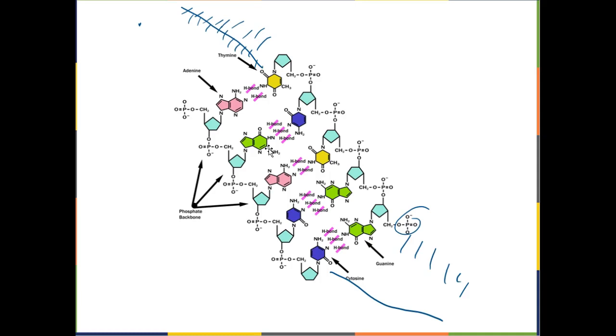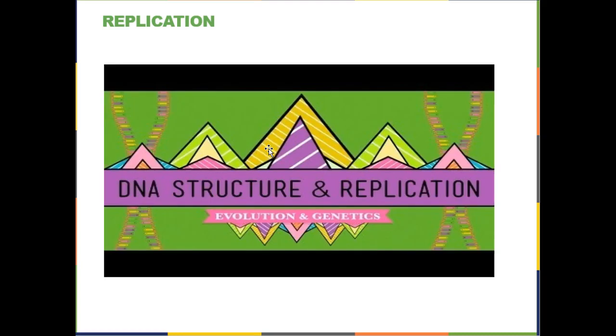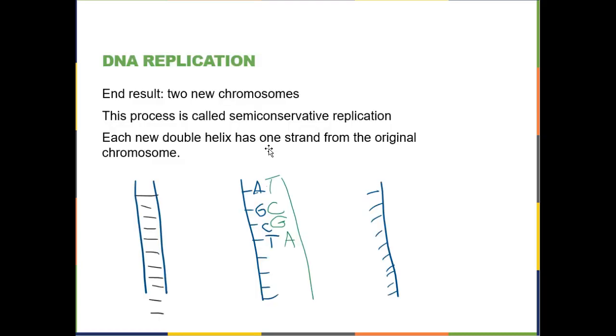So there's no hocus pocus, special forces at play. It's just mechanical forces and being able to hydrogen bond that determines the structure of the double helix and how to replicate it.